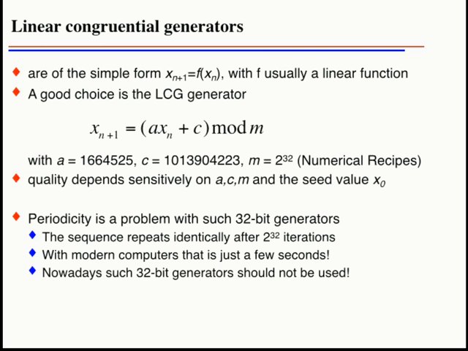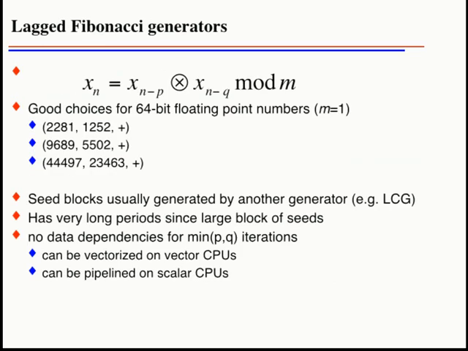So a better solution is, instead of having just one number for the state, which is your previous random number, you have the whole history of random numbers that you created before, and you don't create a new number working on the previous one, but on two of the previous ones: the previous one minus p and the previous one minus q.